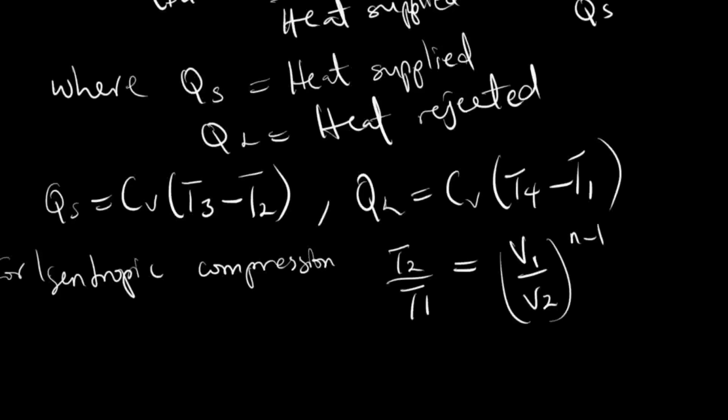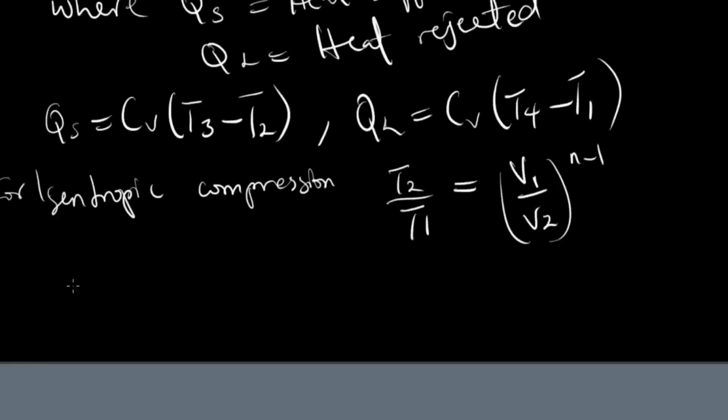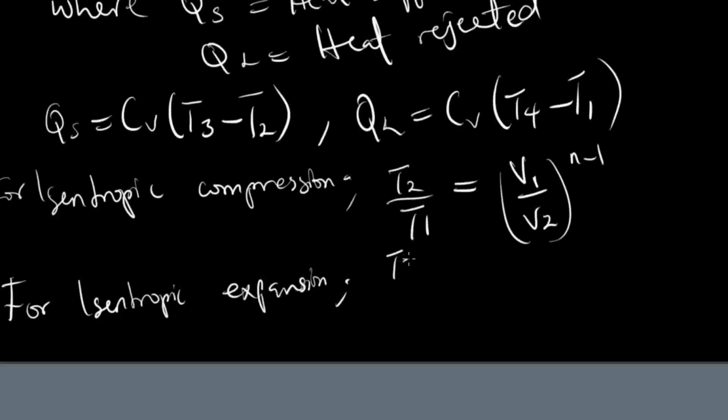Okay, now for isentropic expansion, we have that T3, which is the maximum temperature, over T4 is equal to V4 over V3 raised to power n minus 1.